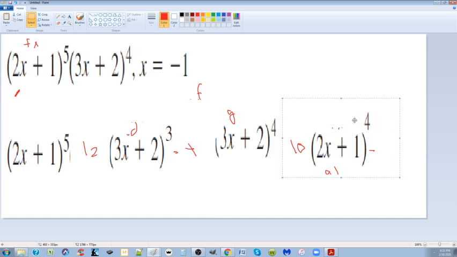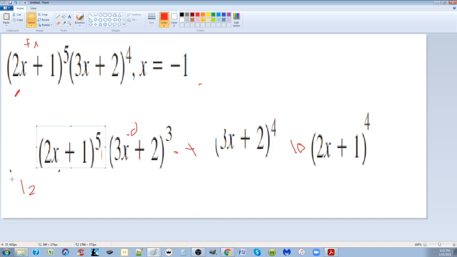Now it looks confusing, especially with all my leftover markings. And I'll just get rid of everything. 12 is there. And I can now just put the 12 up front. And I can put my 10 up front.